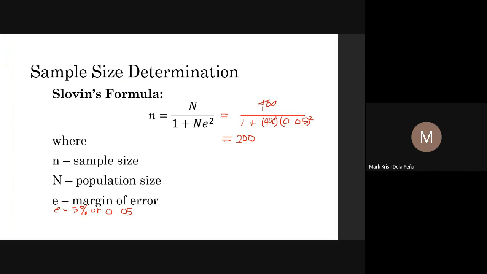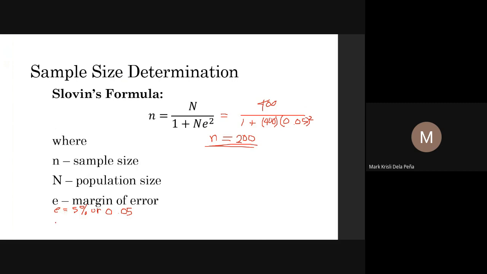If n is equal to 200, that means we need 200 participants so that we can have 95% reliability. Meaning the margin of error is just 5%.